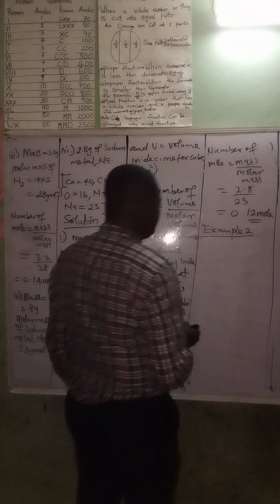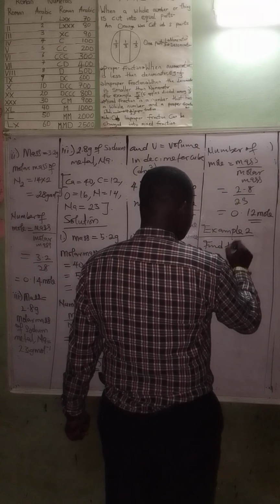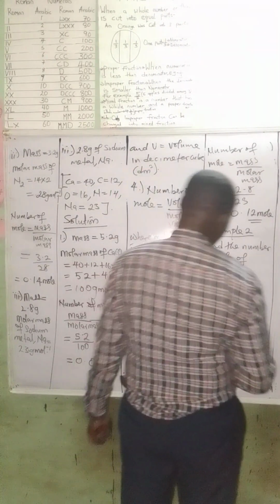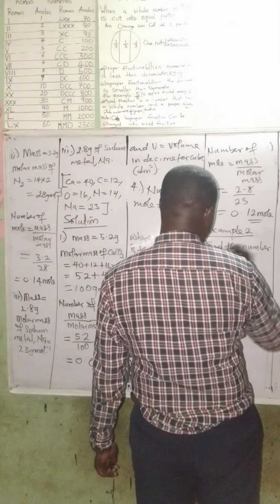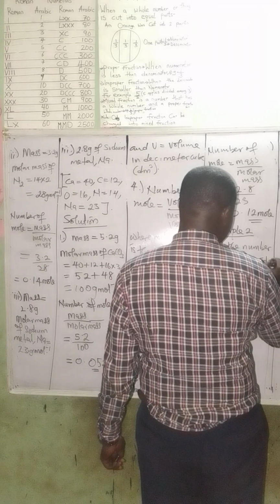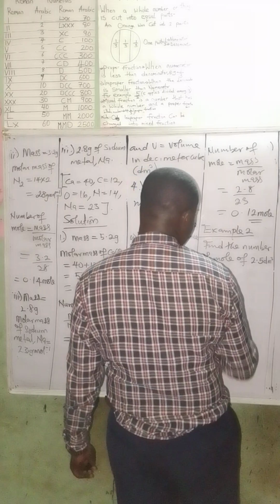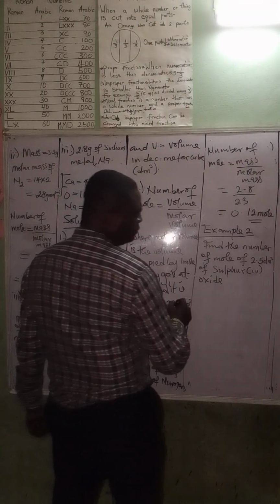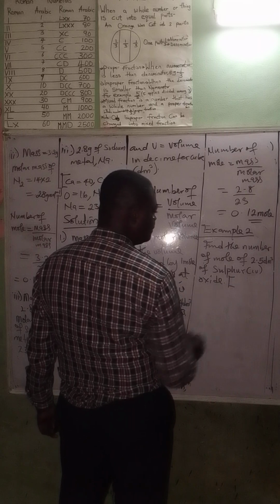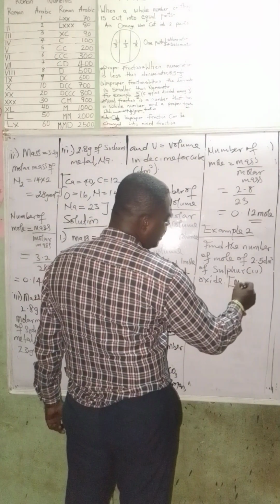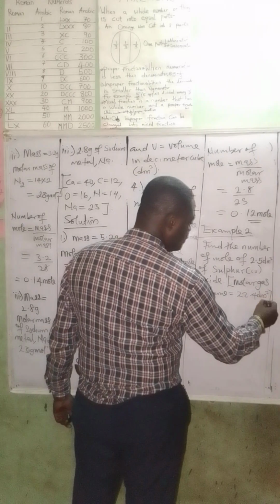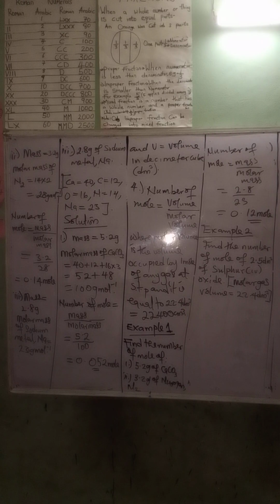Now, here you are asked, find the number of mole of 2.5 dm³ of sulfur 4 oxide. We are given molar gas volume equals to 22.4 dm³. That's the question.